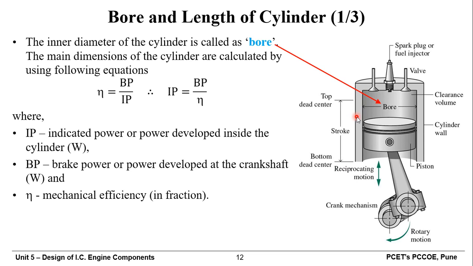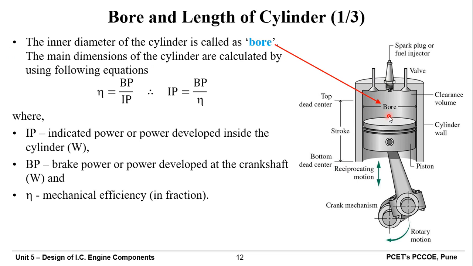These are the important dimensions that we need to calculate, and while calculating, we need to consider different assumptions, considerations and applications. Now we will start with it. The inner diameter of the cylinder is called the bore. So bore or inner diameter, both will be the same here.